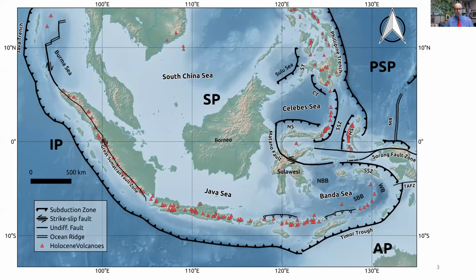So the study area is very big and involves complicated tectonics in eastern Indonesia that you've already heard about from previous speakers, and meanwhile active subduction beneath Java Sea and Sunda in the area to the west.